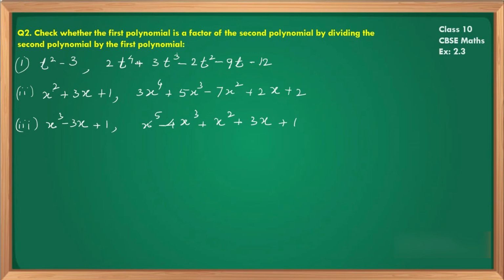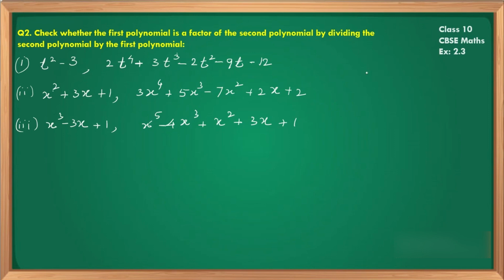The question says, divide the second polynomial, that is this polynomial, by the first polynomial. And then they ask whether this is a factor of the second polynomial. We say it is a factor when the remainder is 0.